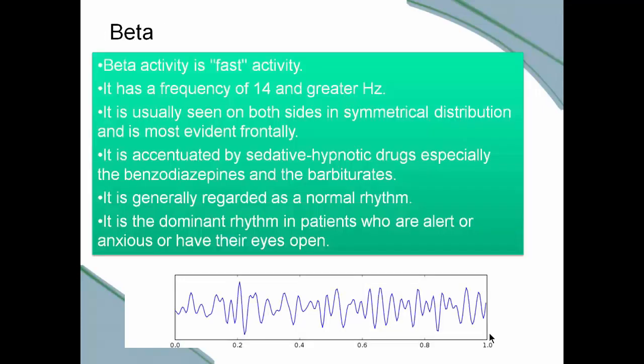Then we get into beta, and beta is considered fast activity. It has a frequency of 14 hertz and higher. It's seen on both sides of our brain. It's symmetrical. It's most prominent in our frontal lobes.